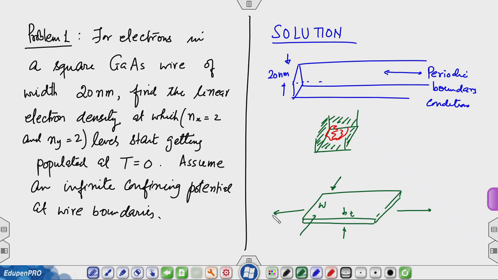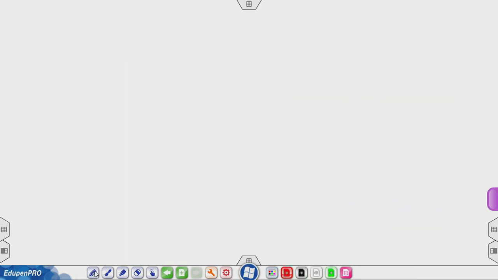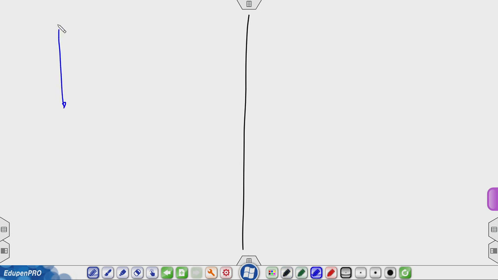So, in this wire we had different energy scales. One energy scale was h cross square pi square over 2 m t square.